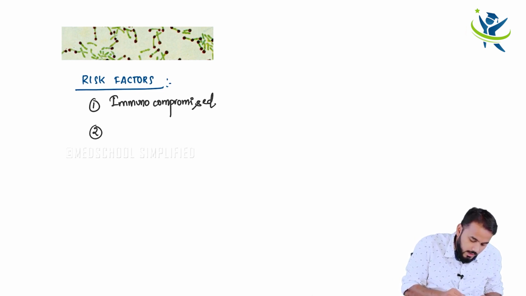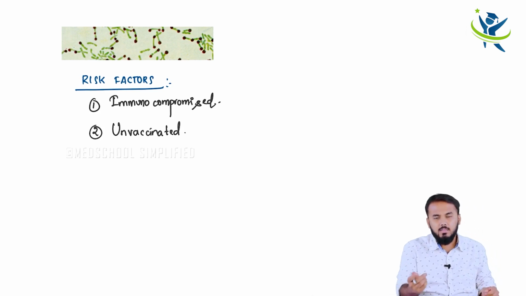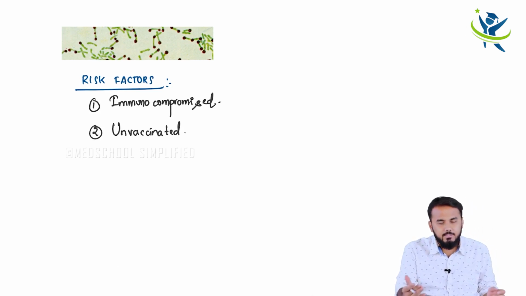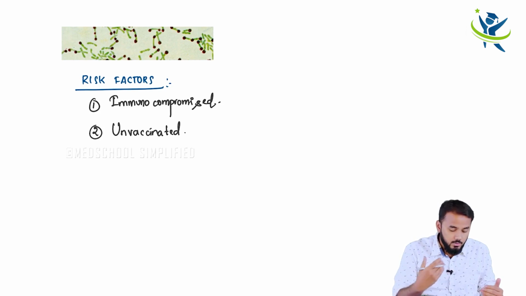And the second group is those people who are unvaccinated. You know, diphtheria even has vaccines: DTaP, Tdap, TD. So these are the vaccines. We shall be discussing it in a minute.